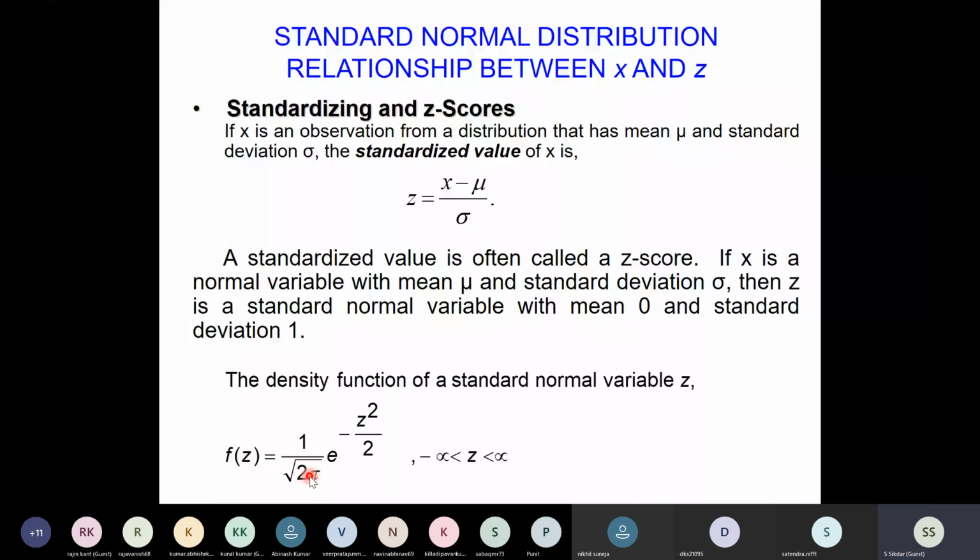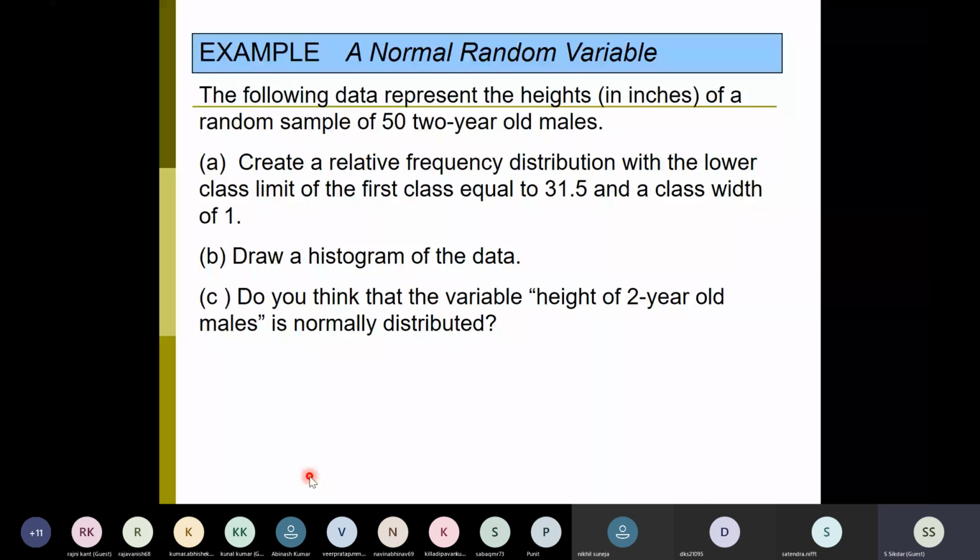Now, here is one example which shows the height in inches of a random sample of 2-year-old males. That means there are kids whose age is 2 years and their number is 50. Create a relative frequency distribution with the lower class limit of the first class equal to 31.5 and a class width of 1.